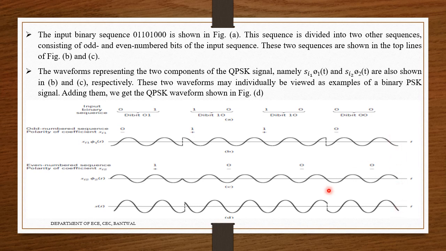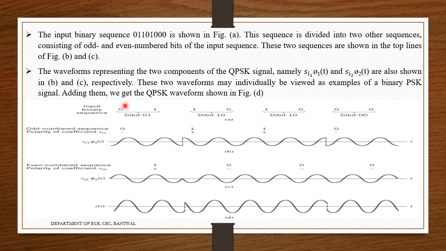So this is how we calculate. We calculate the amplitude of the first bit, then add and divide by 2, and that is the amplitude here. The same thing we do for the next bit, and then we draw the waveform. This is how we do it.